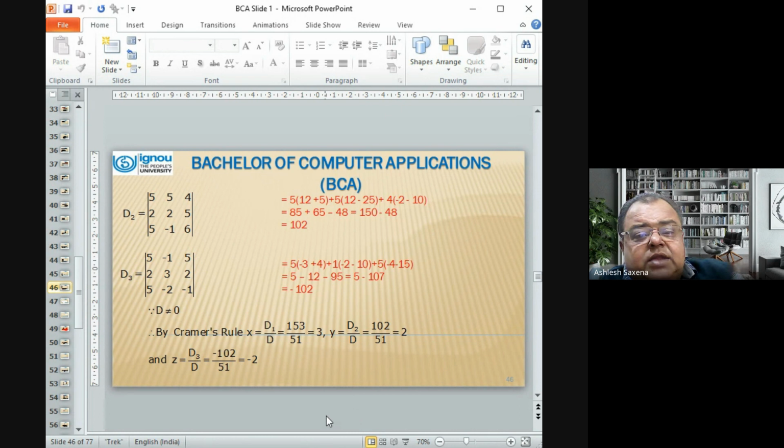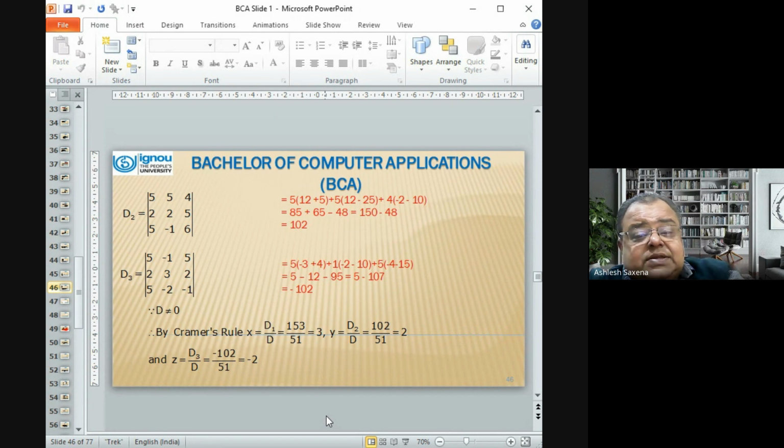Now it is minus 1, so it will become plus 1 into minus 2 minus 10. Third one will be plus 5 into minus 4 minus 15. That comes out to be 5 minus 107, which is minus 102.